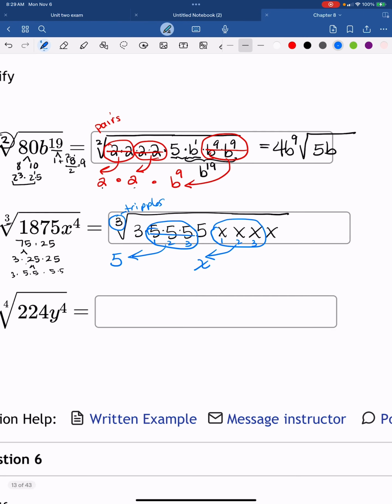So this becomes 5 times x, which is 5x. We're dealing with a cube root, and what I'm left with is a 3 times 5 and an x, 3 times 5 times x. So this is 5x times the cube root of 15x. That's what it simplifies down to.